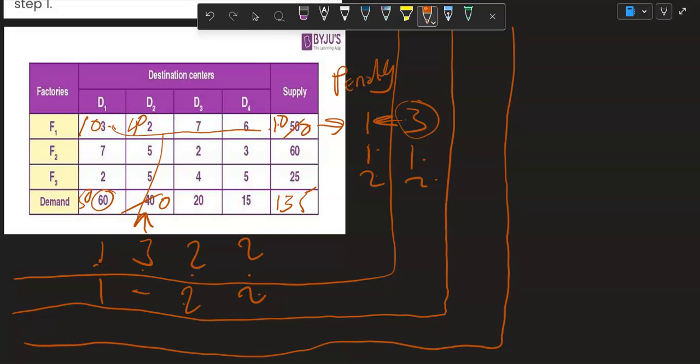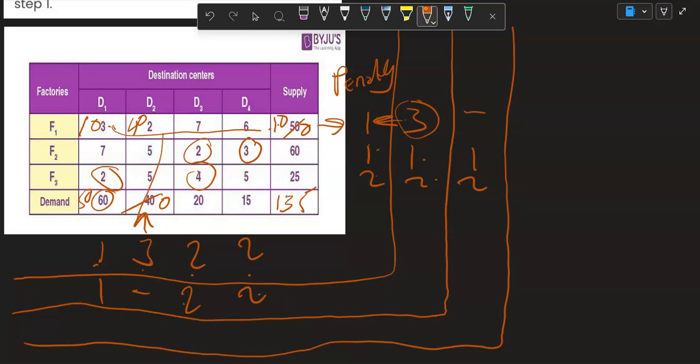So when we are starting again to look at the smallest, we are starting from row 2. So row 2, we have the smallest as 2 and the next smallest as 3. The difference is 1. So here there's a dash since we are done with that row. Row 3, we have 2 as the smallest. The next smallest is 4. The difference is 2.